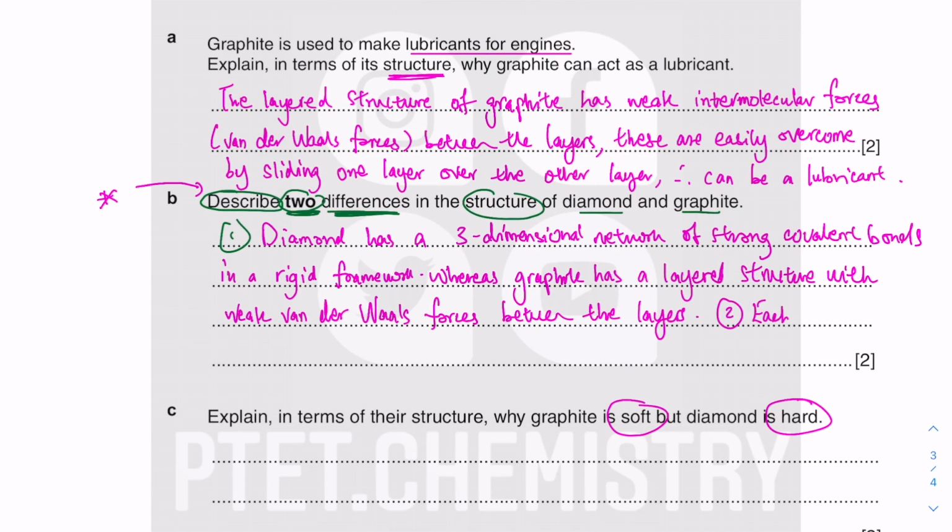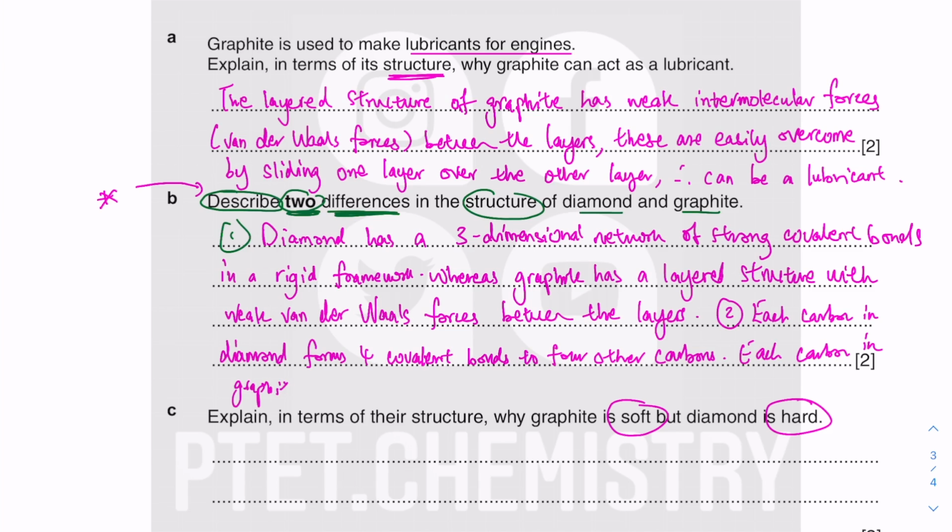So each carbon in diamond forms 4 covalent bonds to 4 other carbon. Each carbon in graphite only forms 3 covalent bonds to 3 other carbon.